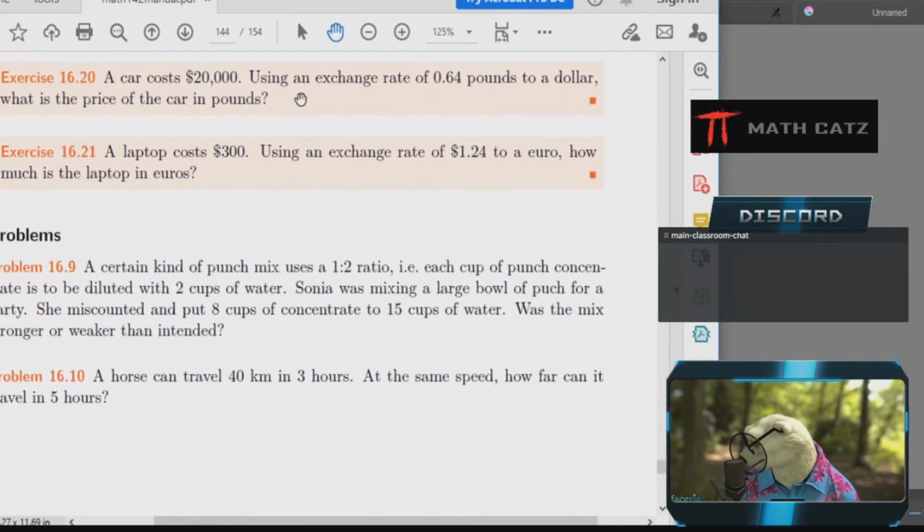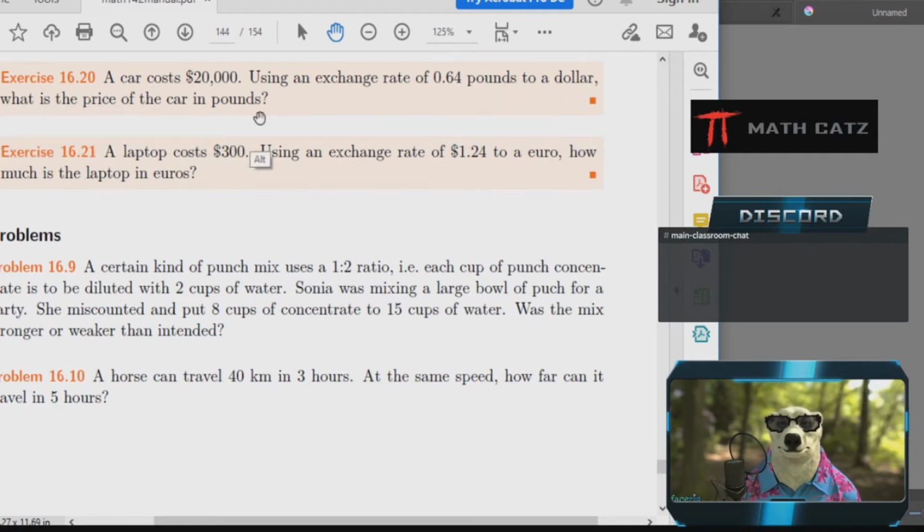All right. I think where this really shines, in my opinion, is exchange rate questions. This was made for exchange rate questions. But we're going to start small. A car costs $20,000. Using an exchange rate of 0.64 pounds to a dollar. Now, I don't know if this is actually the exchange rate right now. I don't really care. 0.64 pounds to a dollar.